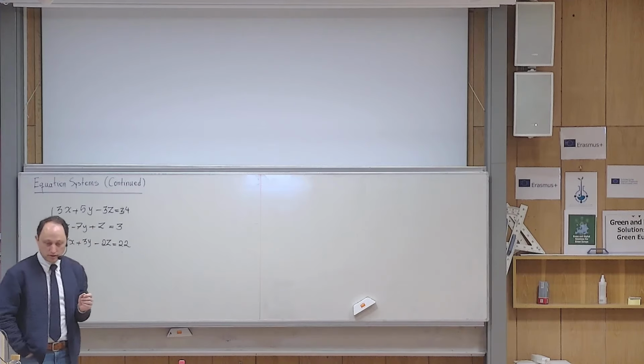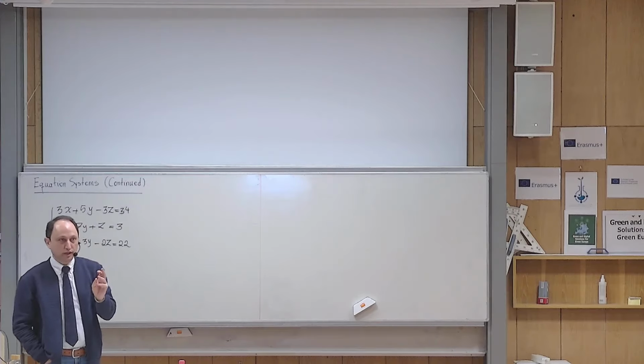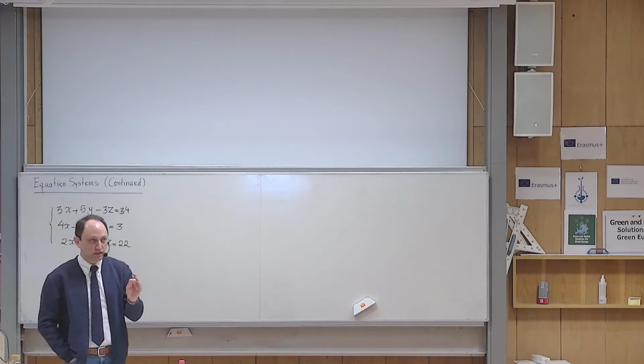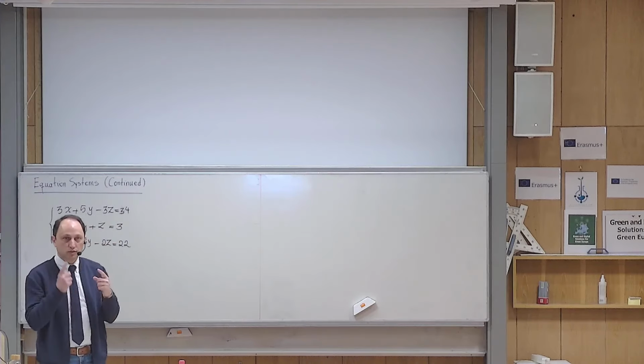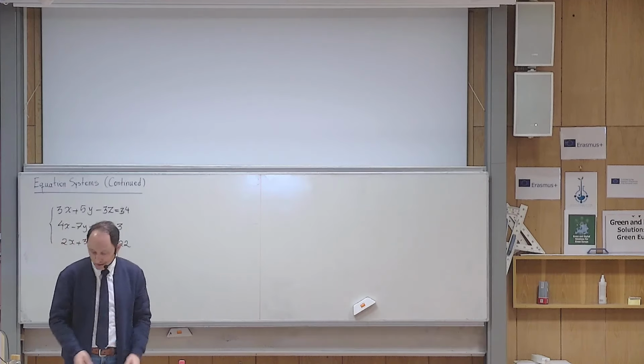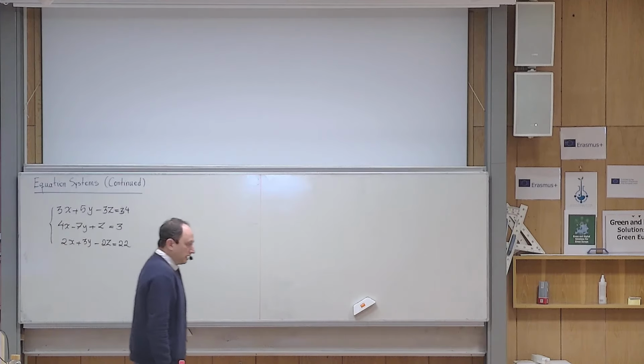But if I find one answer for x, one answer for y, one answer for z, in total, how many answers did I get for the system? Just one, not three. Yes?